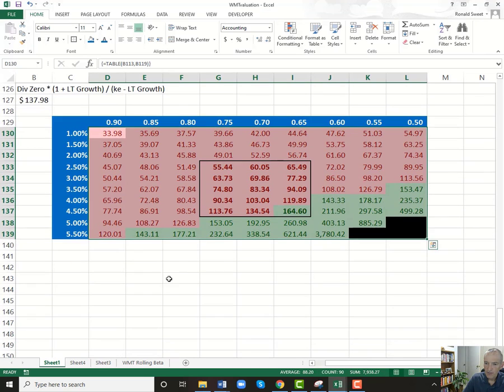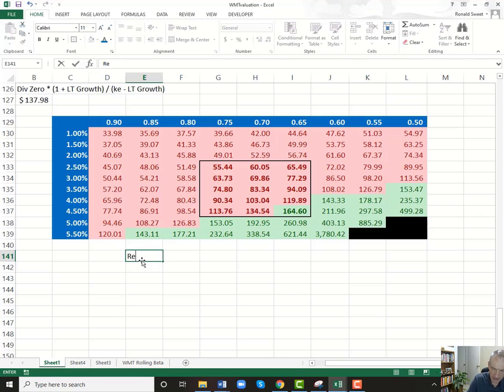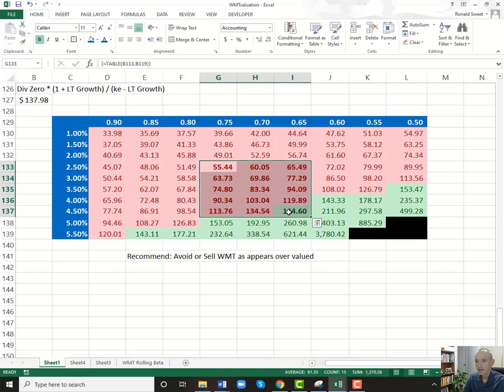Here I'm going to work based on this. I'm going to recommend avoid or sell Walmart as valuation, as it appears overvalued. Because you can look and tell from the chart that in my main area that I think the valuation is, they're only cheap in one cell.